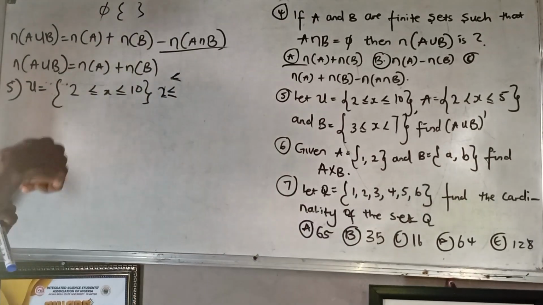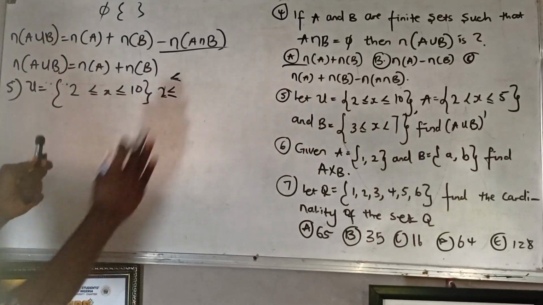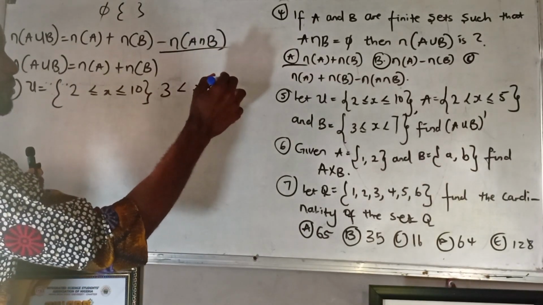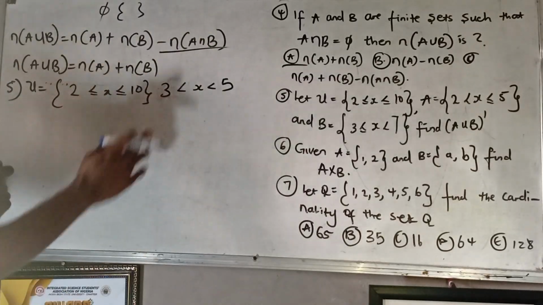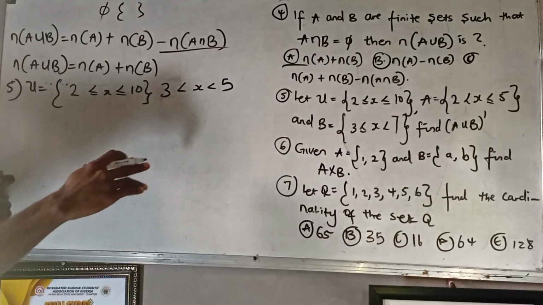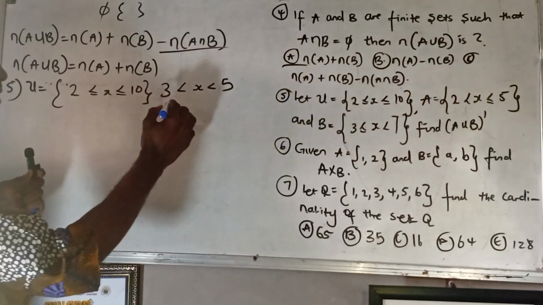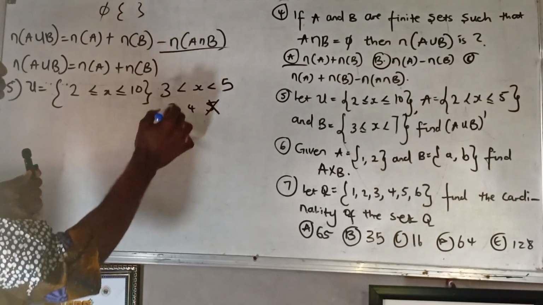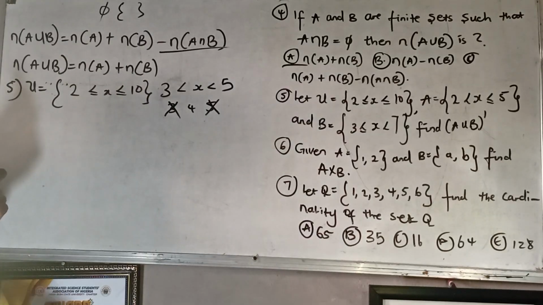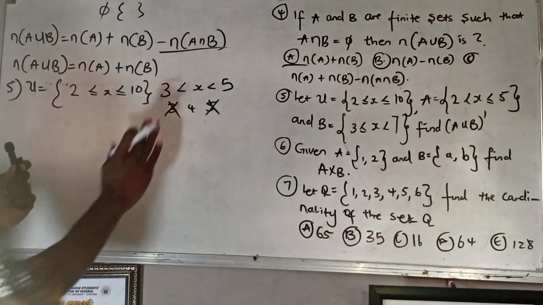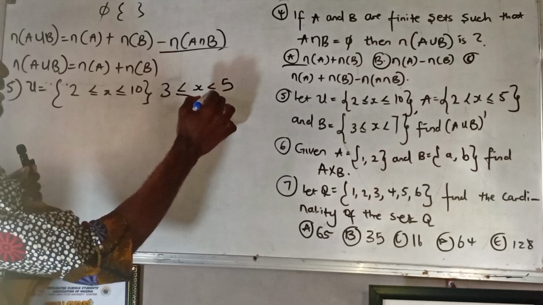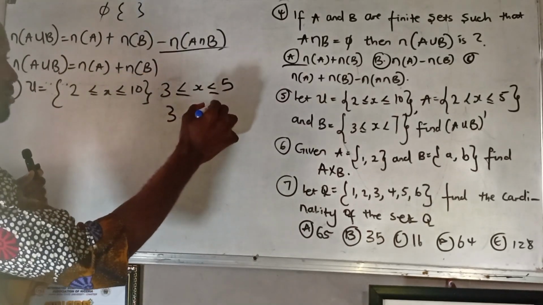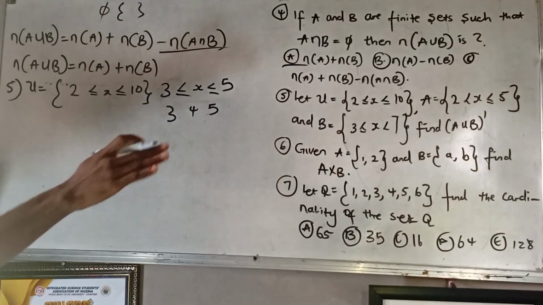Because of this sign, 2 is included if you want to expand, and 10 is also included. If peradventure the interval was 3 and this, it means that 3 is excluded and 5 is excluded. If we want to expand something like this, it is 3, 4, 5, and the ends are not included. But if the scenario was this interval, in the expansion both are included.